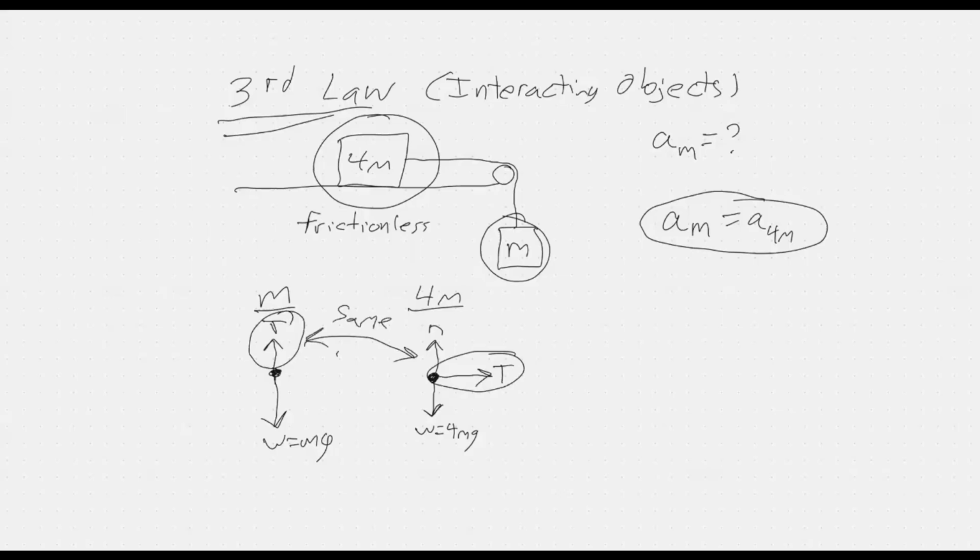Okay, so what we can do then is set up two second law situations where F net equals ma. So a is equal to F net over m. So the little guy's acceleration is equal to F net applied to little m over the mass of little m, which is m.